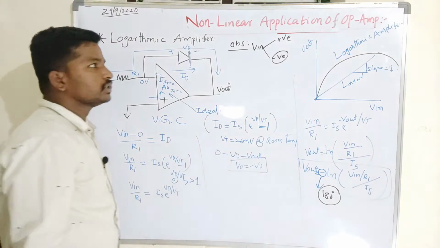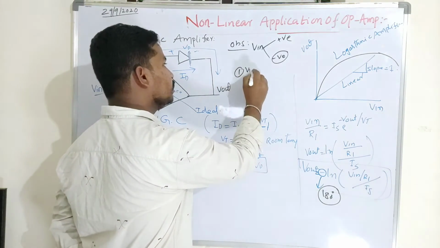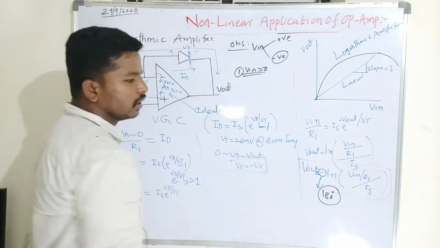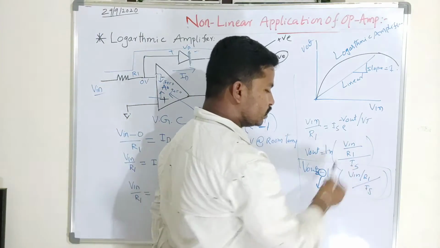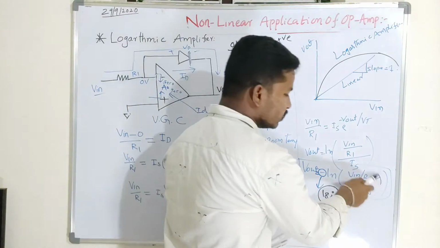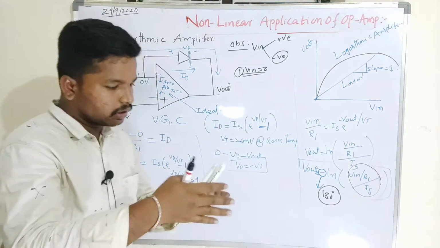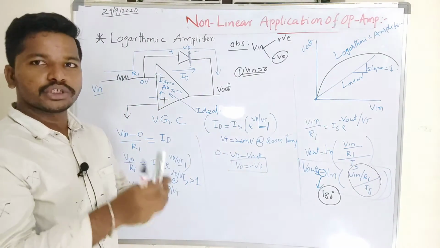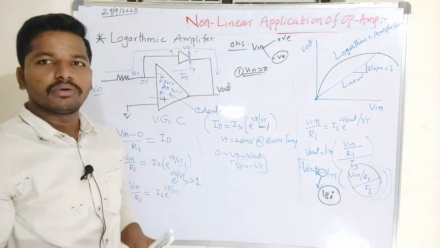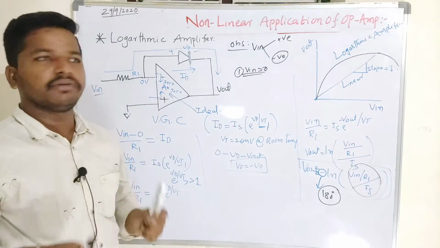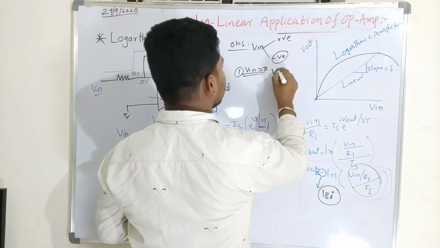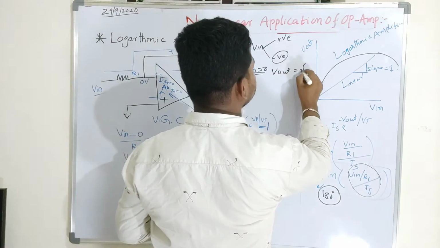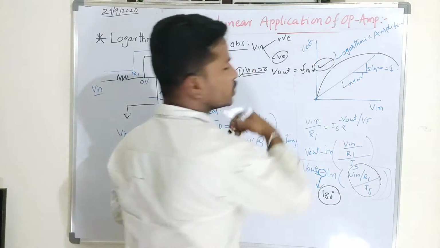So what happens if V input is greater than 0? Whatever I am assuming is the argument of the logarithmic function. If the argument of the logarithm is positive, the log will be a finite value, so V output will be finite. It produces some output.